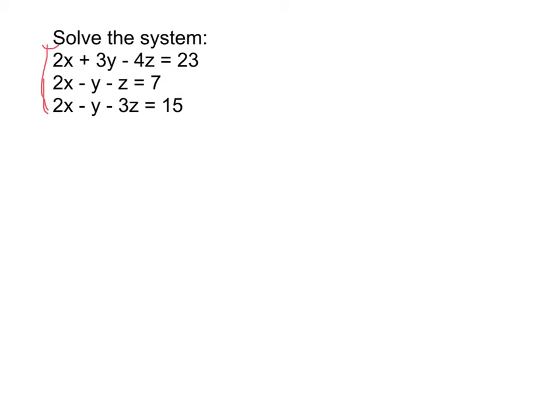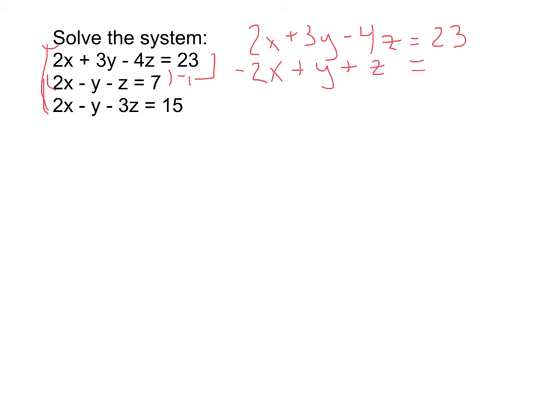So why don't we take the first pair? I'm going to multiply the second equation by -1 because remember, when I do elimination, I like to eliminate through addition. If you don't want to do that extra step, you could subtract these two equations, but please be careful of your signs. So the middle equation now becomes -2x plus y plus z equals -7.